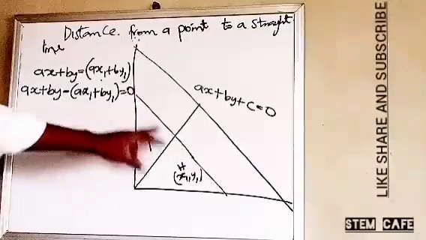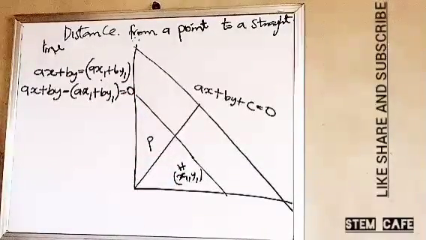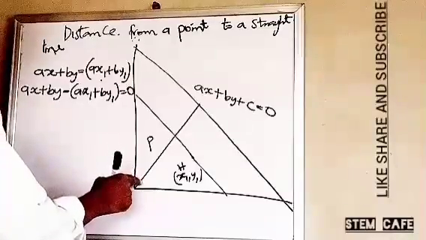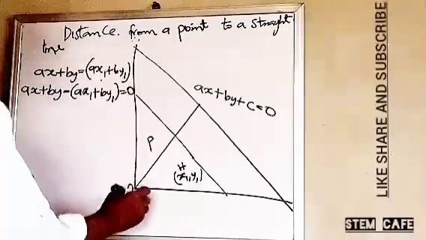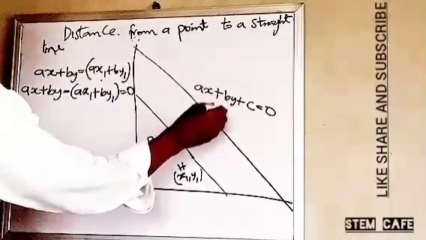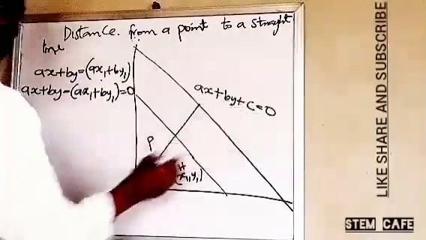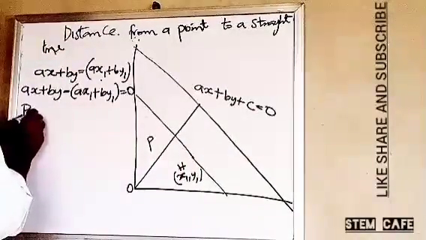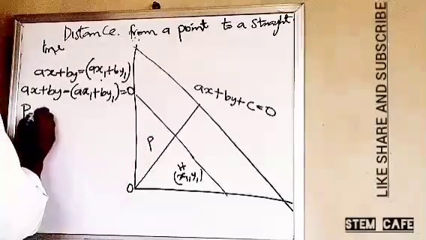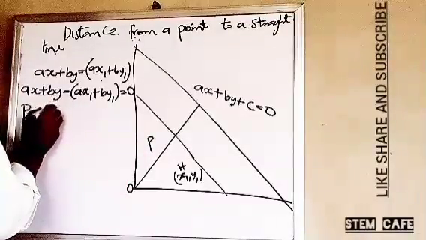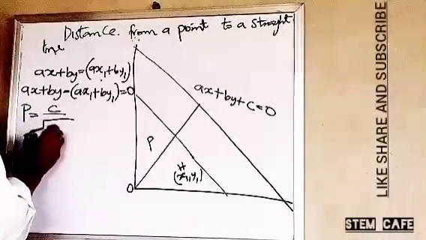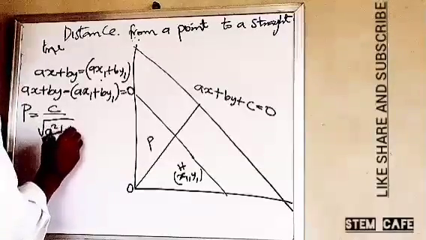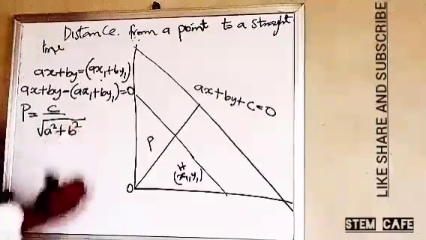That is the equation for this line now. The distance from the origin to ax plus by plus c equals 0, let's call it p, is equal to c over square root of a squared plus b squared.